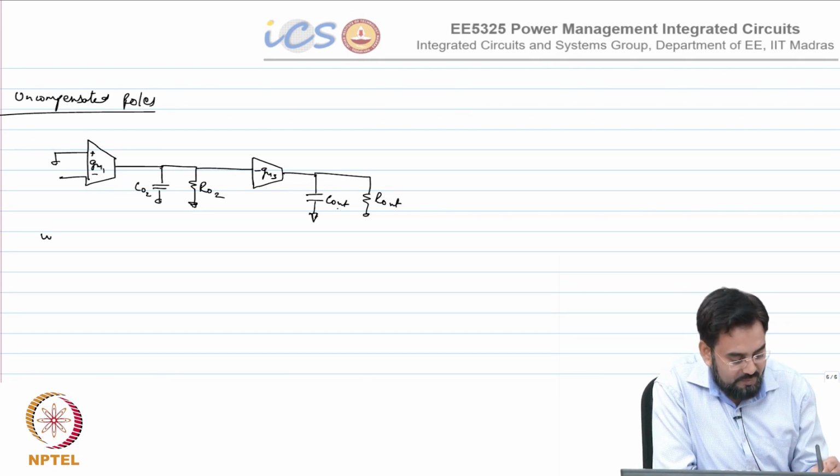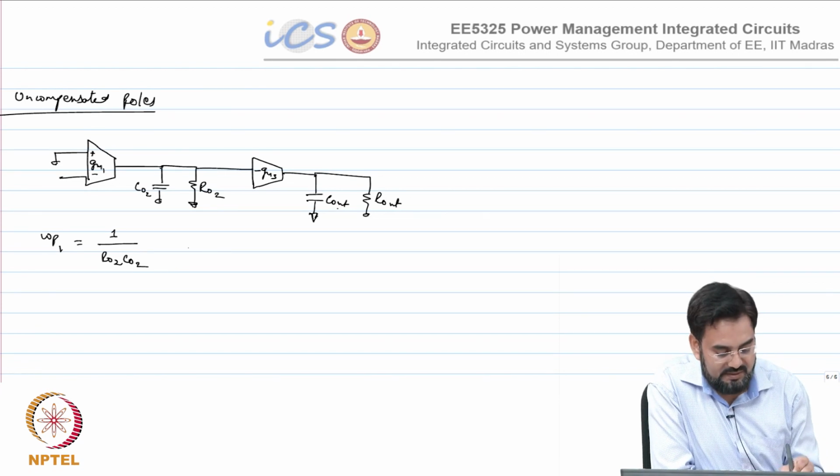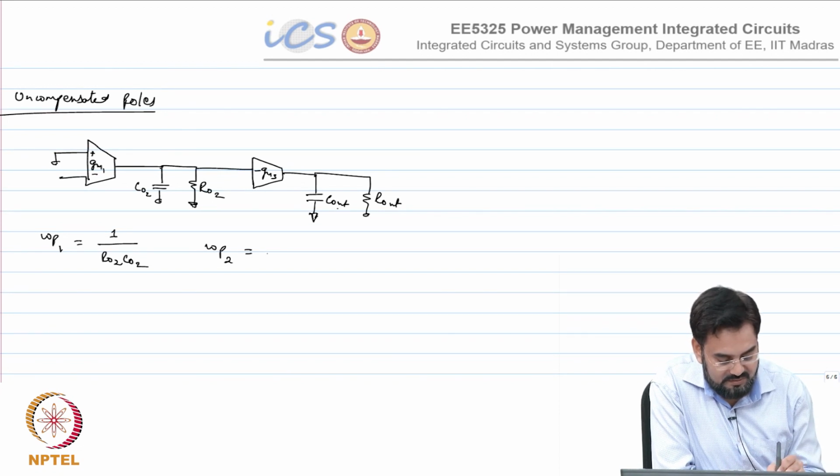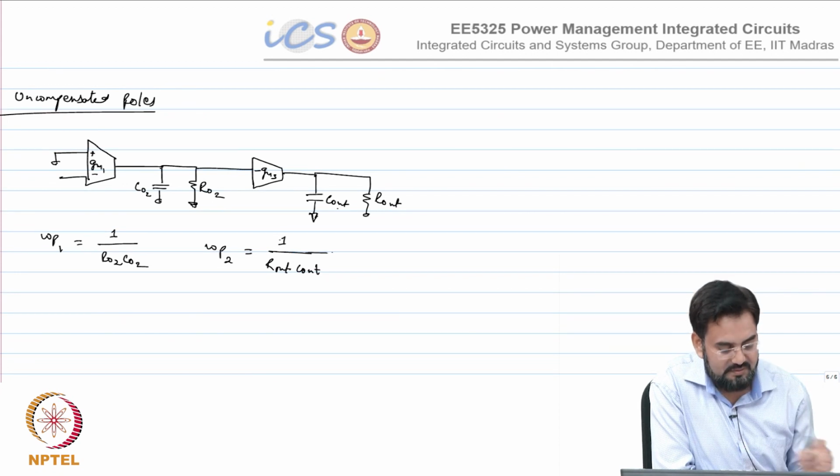So, now omega P1 is appearing at 1 over RO1 CO1, and omega P2 is appearing at, so first pole and second pole, 1 over R out C out.